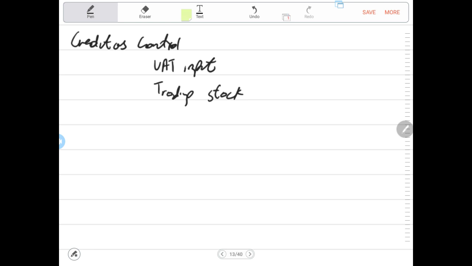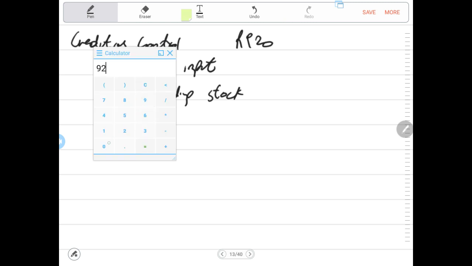Then the VAT must also be reversed. The amount of 920 is inclusive of VAT. How much is the amount without VAT? Obviously, 8 times 100 will give us 800. I'll also verify that: that will be 800 under the trading stock.